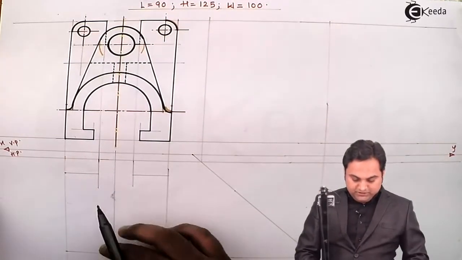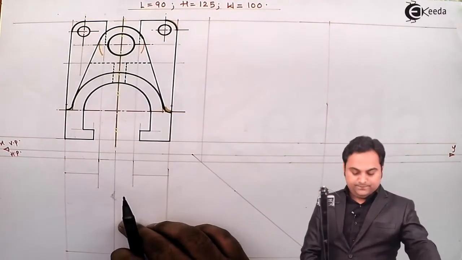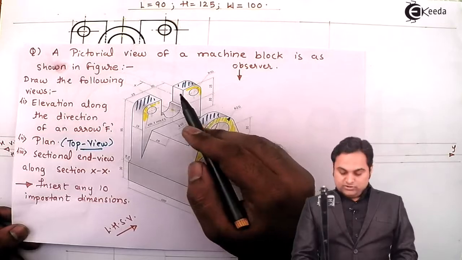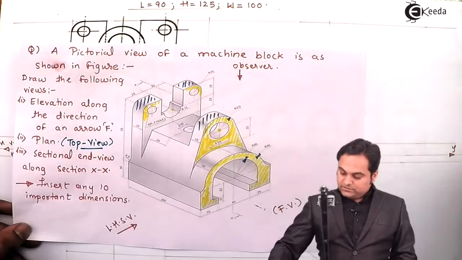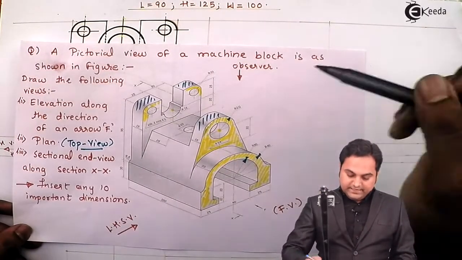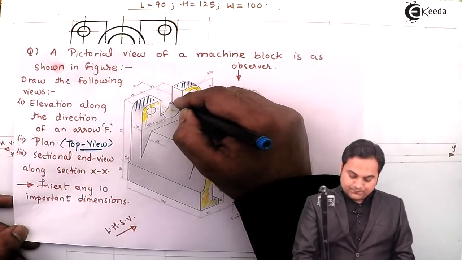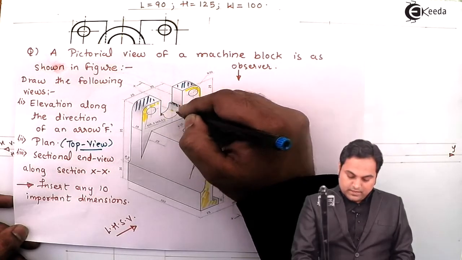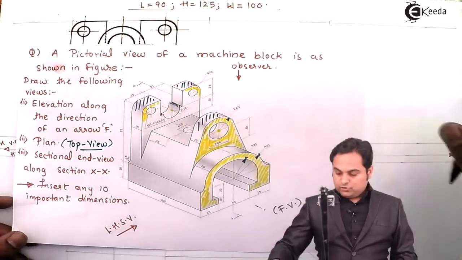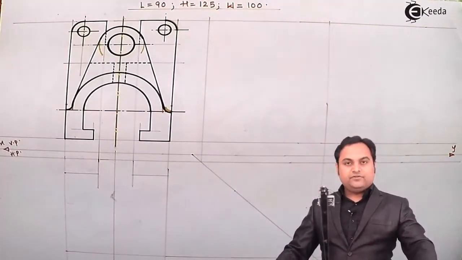So these are the two plates visible from the top. Then the same width applies to these two small rectangles and this semicircle. So I'll take their length from the front view.